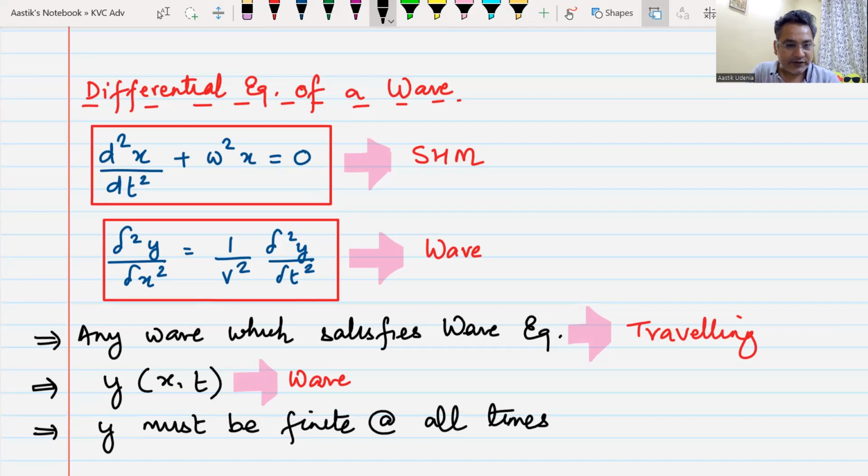Anyways, I hope you understand this. This is the general equation of a wave. Three conditions are given. It must satisfy the wave equation. If it is given in the form of x and t, it will satisfy the wave equation. It must be in the form of x and t, and it must be finite at all times.